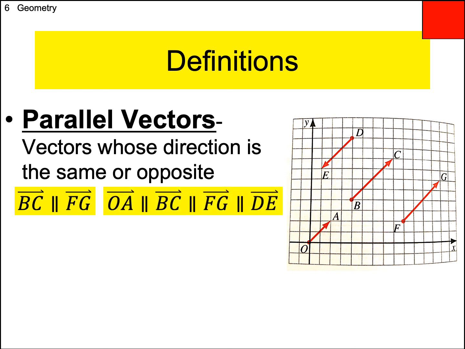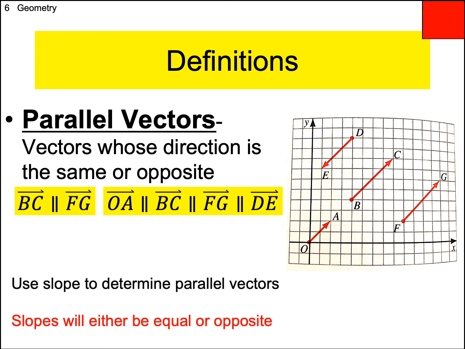So we need a method of figuring out if things are parallel. We know that 2 lines, 2 segments are parallel if their slopes are equal, and luckily for us, nothing changes with vectors. So if 2 vectors are parallel, their slopes will either be equal or opposite. Now be careful with this one. It doesn't say opposite reciprocal, remember perpendicular.